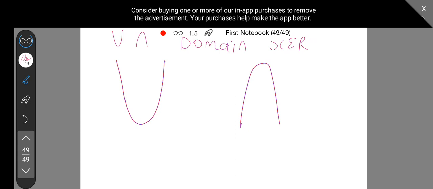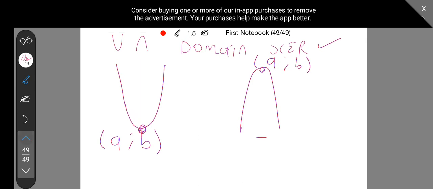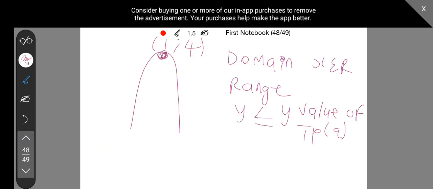Now we have the two turning points. Let's say our turning point is given as A, B, and even here it's given as A, B. So what is the domain here? The domain is x an element of real numbers, and the domain here is also x is an element of real numbers.